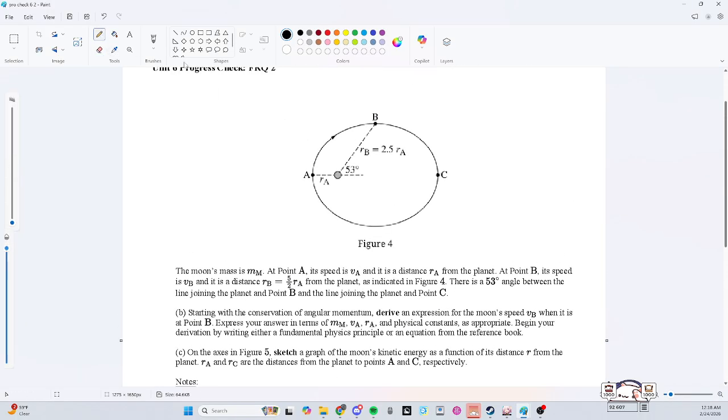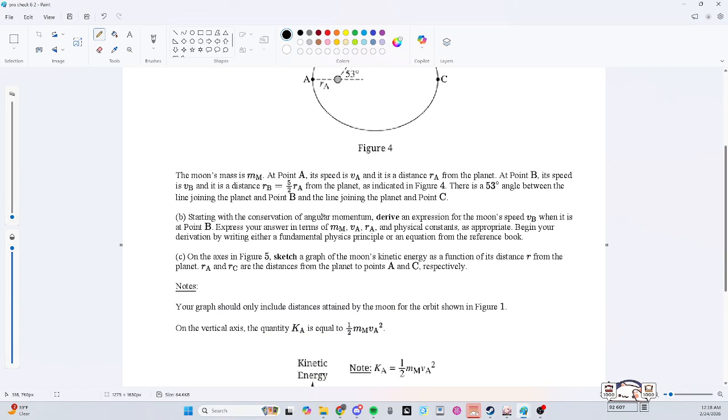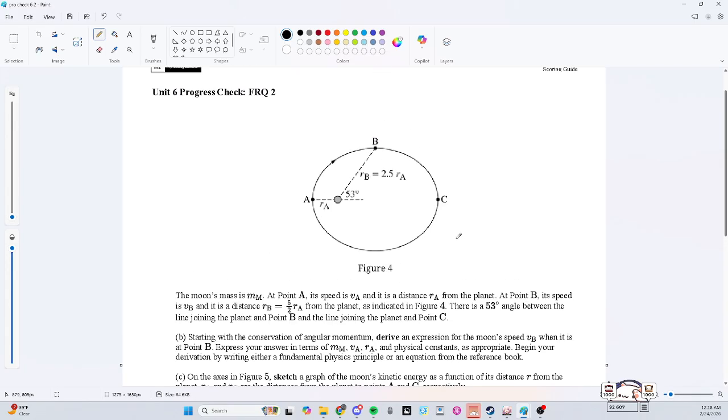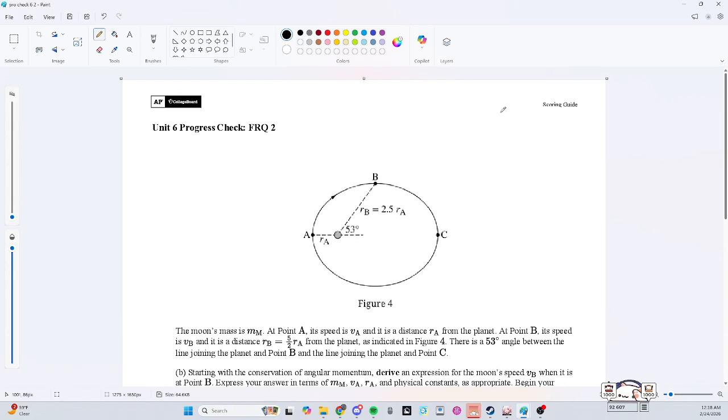Next one, starting with the conservation of angular momentum, provide the expression for the moon's speed VB when it is at point B. Okay, so angular momentum Li is equal to LF.